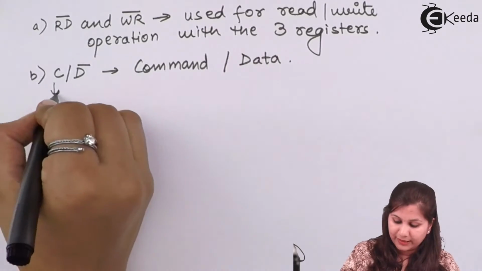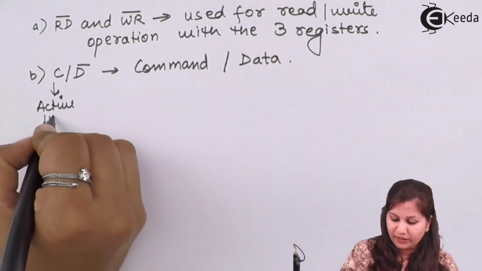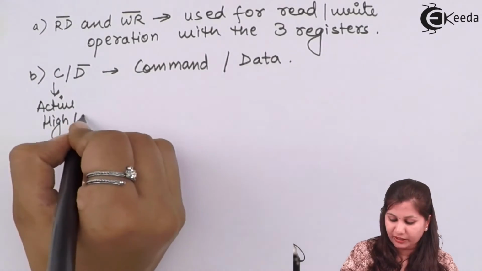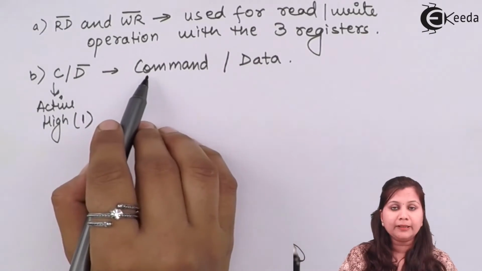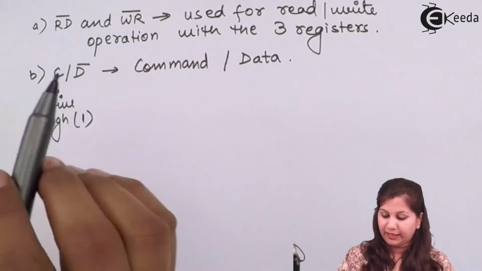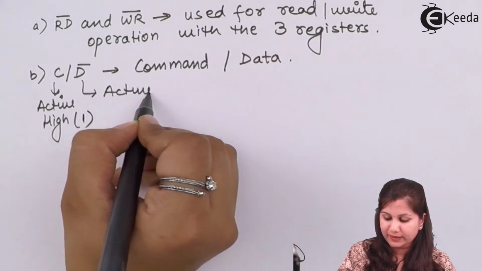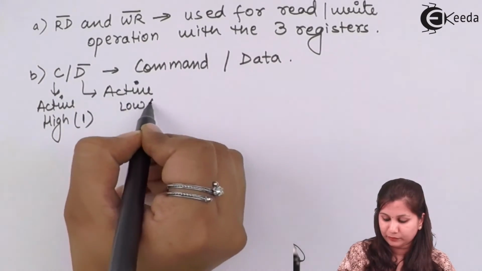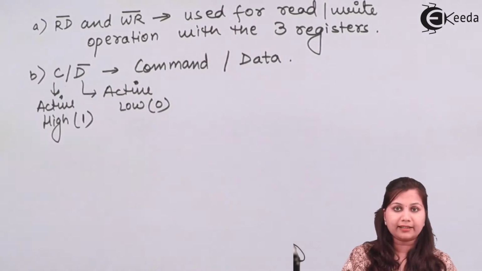So when this signal is active high, meaning we have logic 1 on this signal, then command is activated, meaning whatever data is there is the command word. And if this is active low, meaning 0 is available on this line, then whatever data is there will be the 8-bit data.